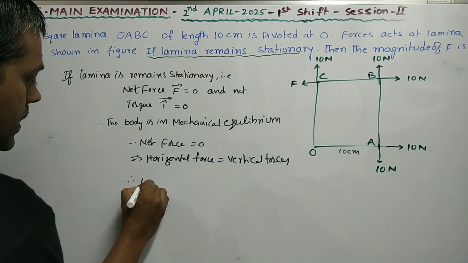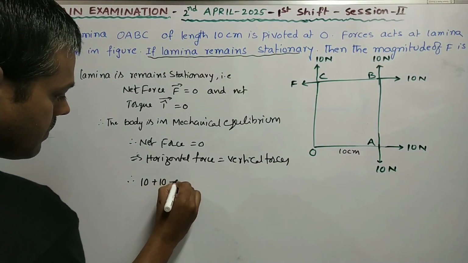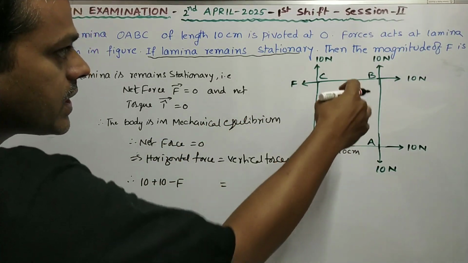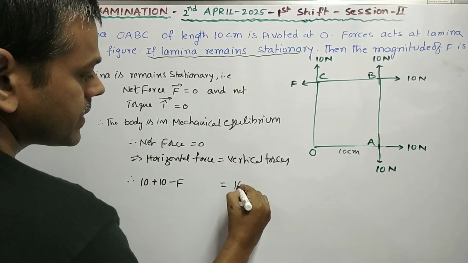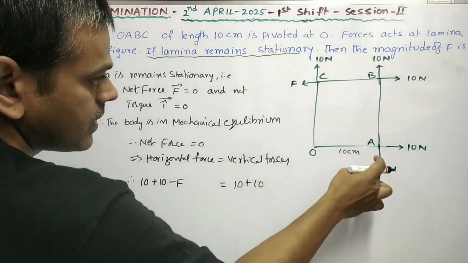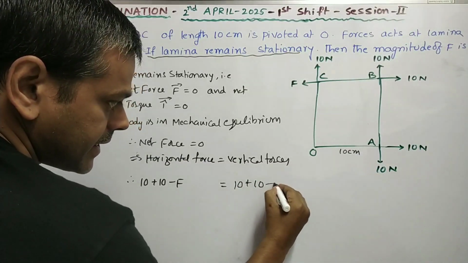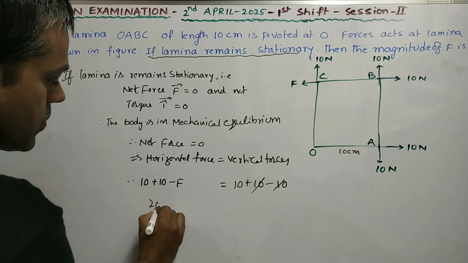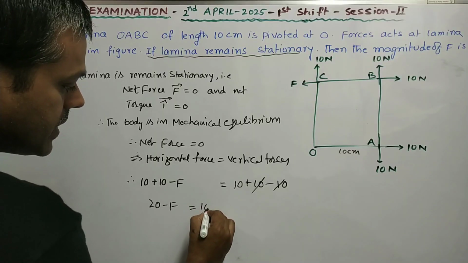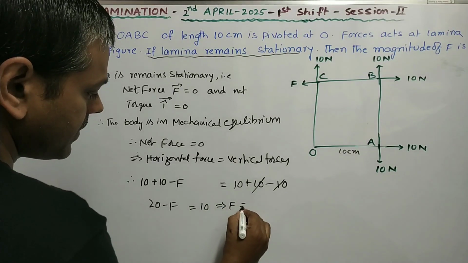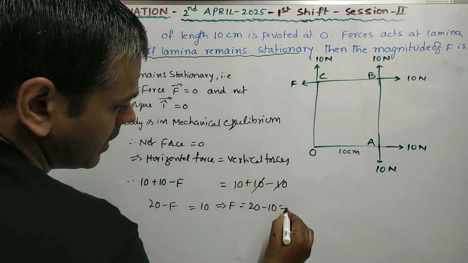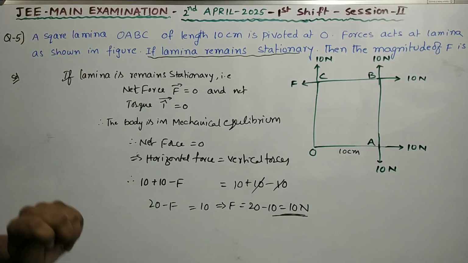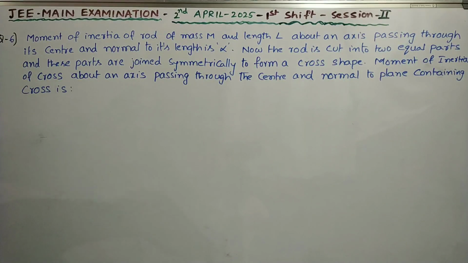Therefore, 10 plus 10 minus F, because it is acting in negative x direction, is equal to the verticals. 10 is acting vertically upward, 10 plus 10. But this 10 Newton acting downward means minus 10. So minus 10 plus 10 is cancelled. 20 minus F is equal to 10. That implies F is equal to 20 minus 10, equal to 10 Newton. So the answer for this question is 10 Newton.